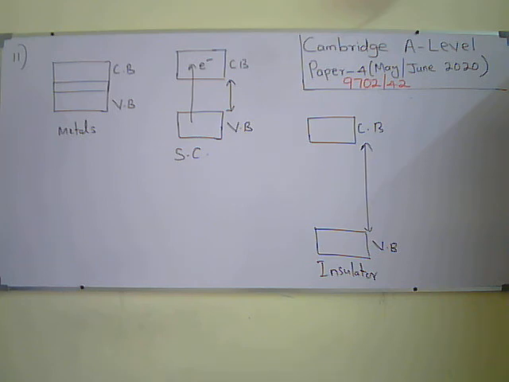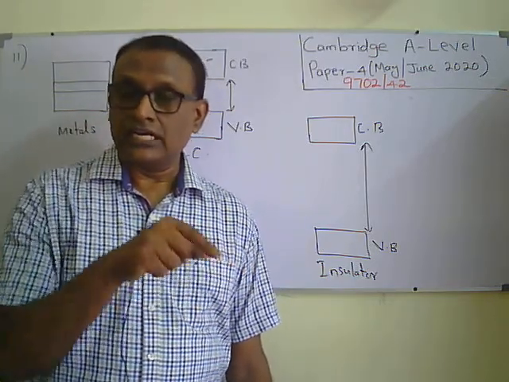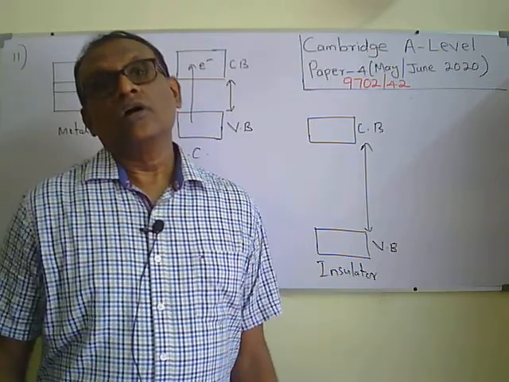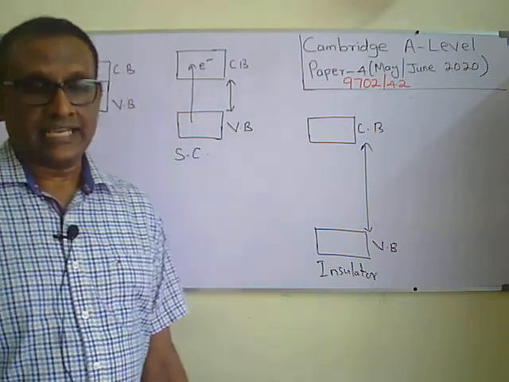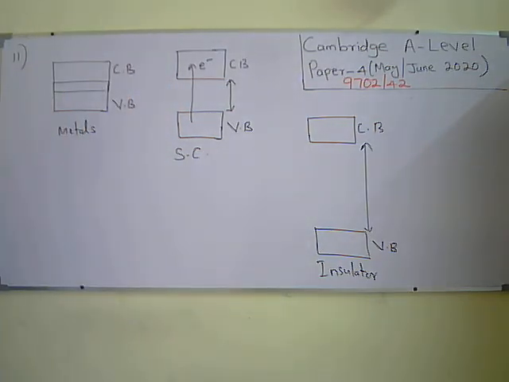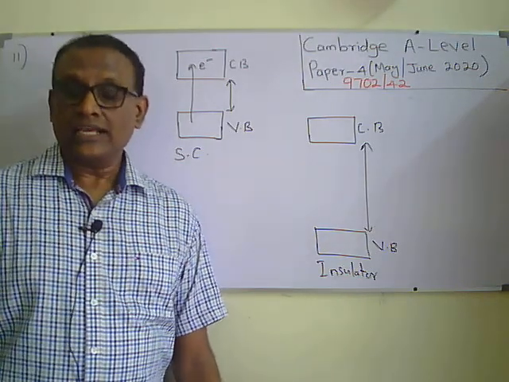Therefore, when temperature increases, there is no increase in charge carrier density, but the lattice vibrations will increase, and that will reduce the rate of flow of electrons, and therefore the current flow will decrease. So for a given voltage, when current flow decreases, resistance will increase in conductors. Overall, when temperature increases, the resistance of the conductor will increase.